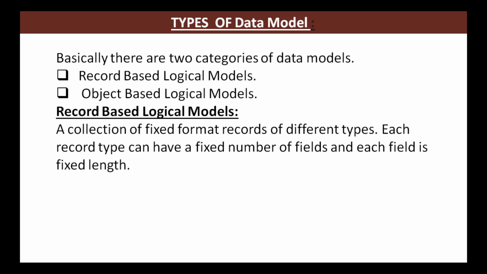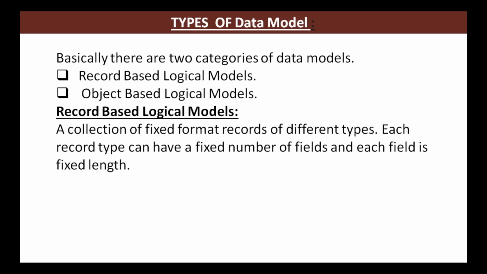Coming to the record based logical model: when the database is organized in some fixed format of records, then the model is known as a record based data model. That means it has a fixed number of fields or attributes in each record type and each field is usually of a fixed length. That type of logical model is known as a record based logical data model.